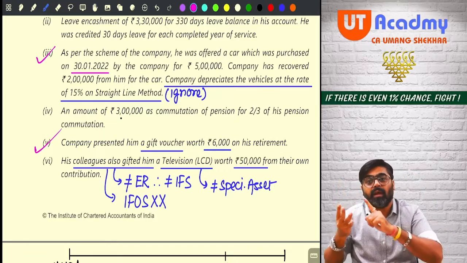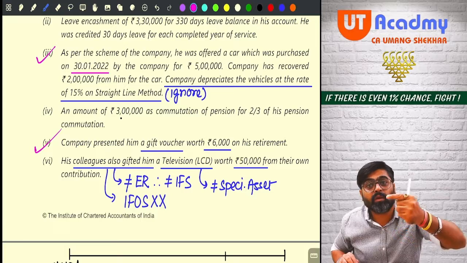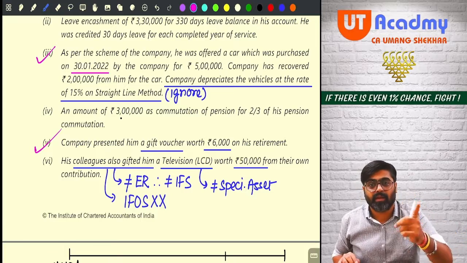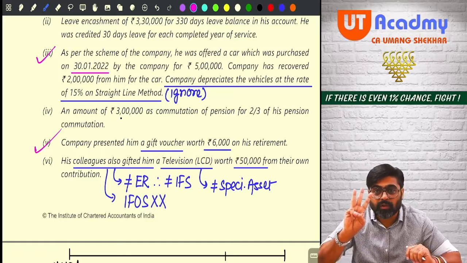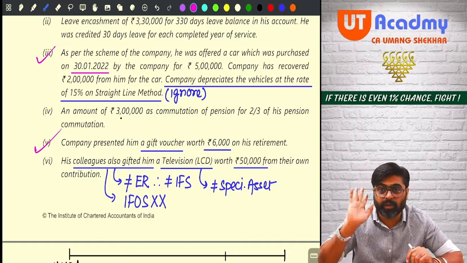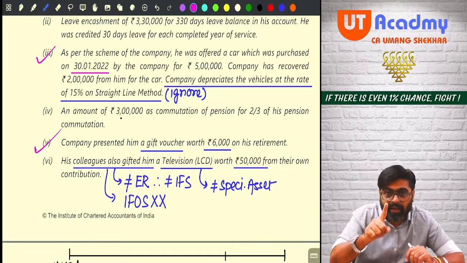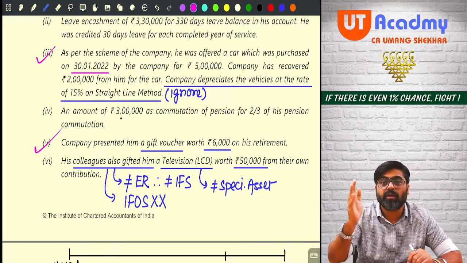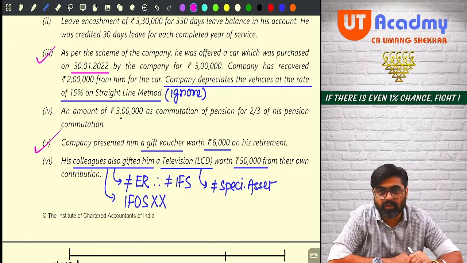So can I say that after using it for a full 3 years, on the immediately next day the car is given to him for rupees 2 lakhs. For 3 years the wear and tear will be reduced at what rate? 20% WDV basis. So 1,80,000 and 64,000 will be depreciation, wear and tear for these 3 years.